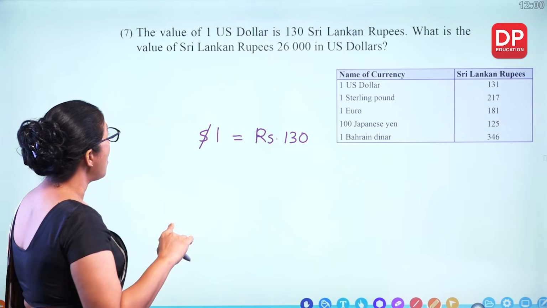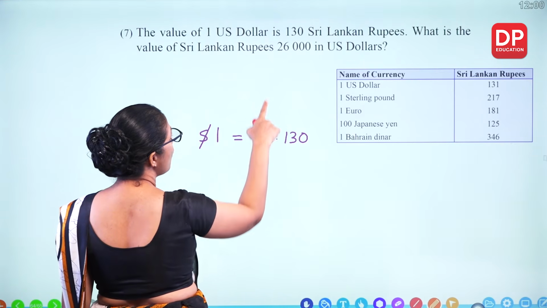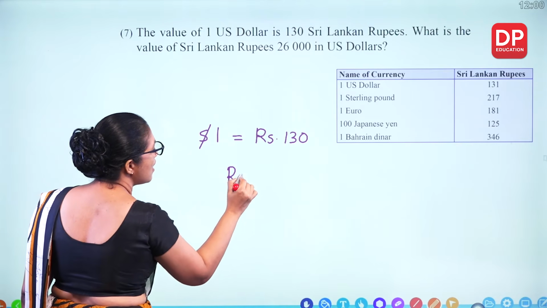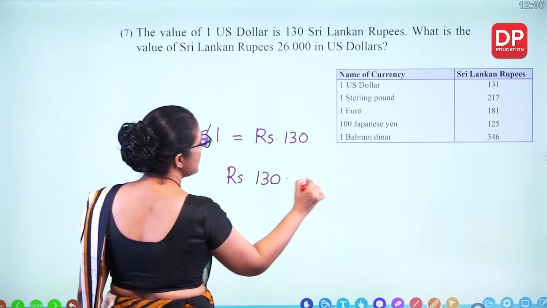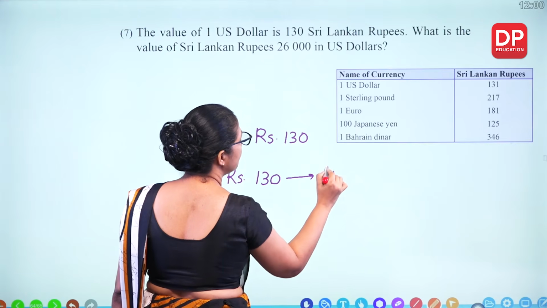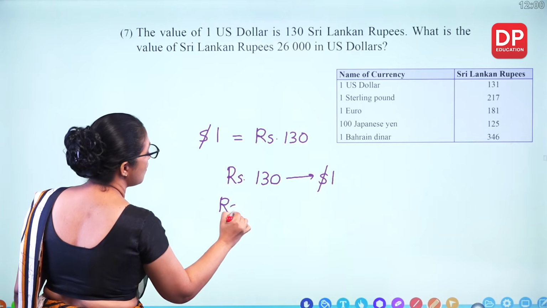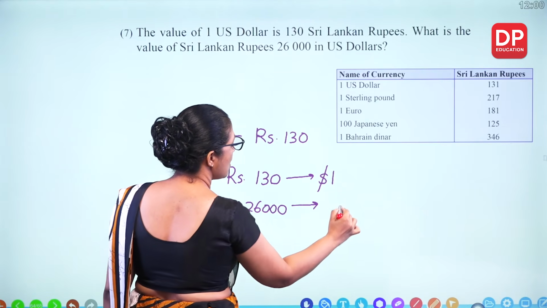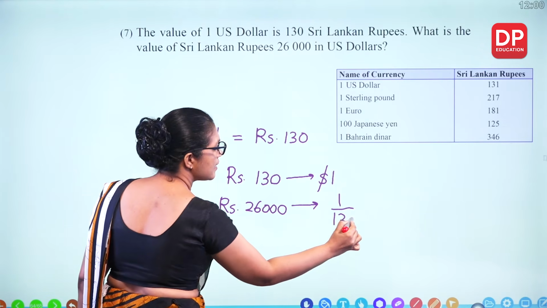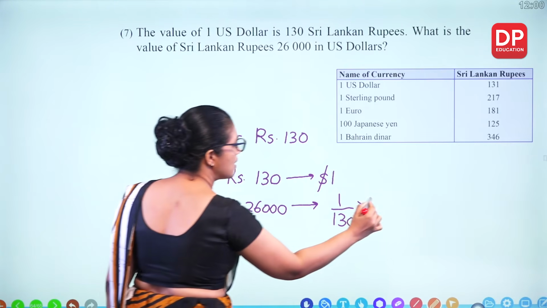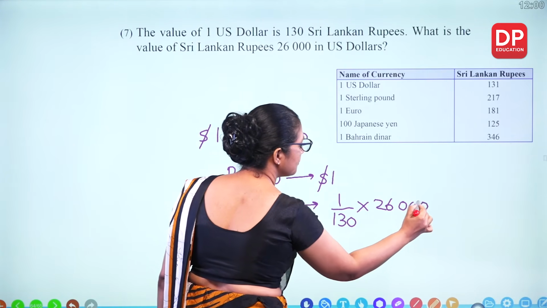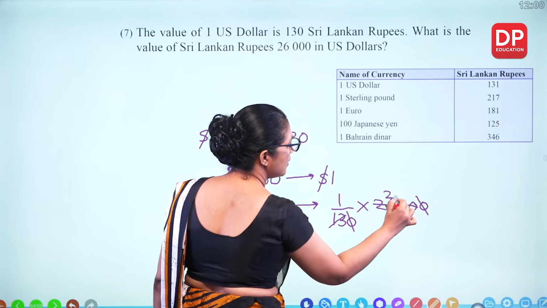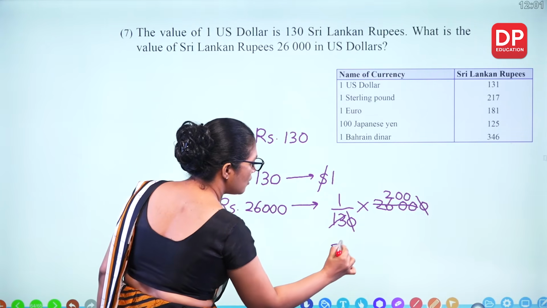So you're asking how many dollars are there for 26,000 Sri Lankan rupees? So we'll write the other way around. 130 rupees is $1. Then what about 26,000 rupees, Sri Lankan rupees? 1 divided by 130 into 26,000. And 13 times 2 here. So $200 are there.